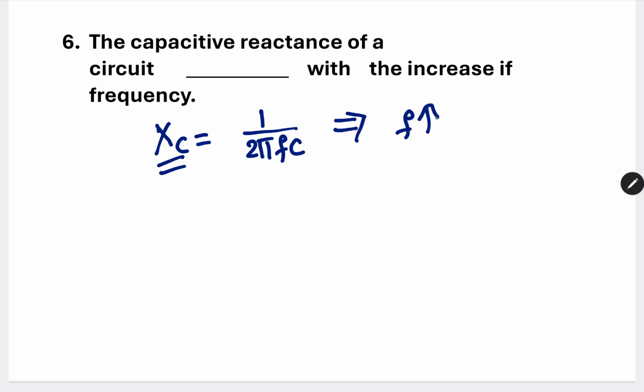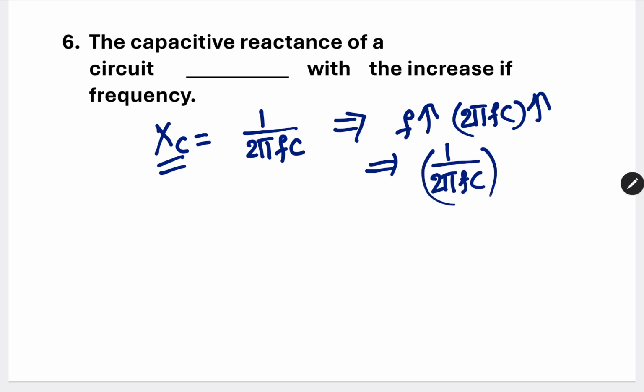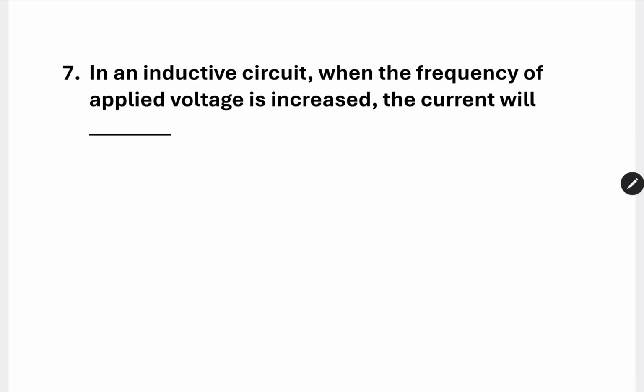As the frequency increases, the denominator 2 pi Fc value is going to increase. This means the 1 by 2 pi Fc value is going to decrease. So an increase in the frequency causes the capacitive reactance Xc to decrease. So the capacitive reactance of a circuit decreases with the increase in the frequency.